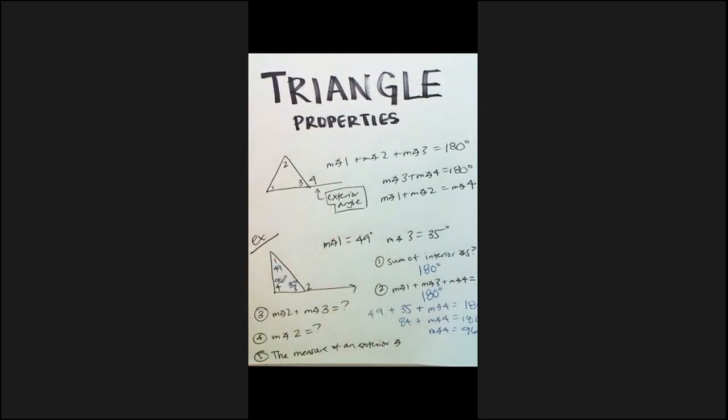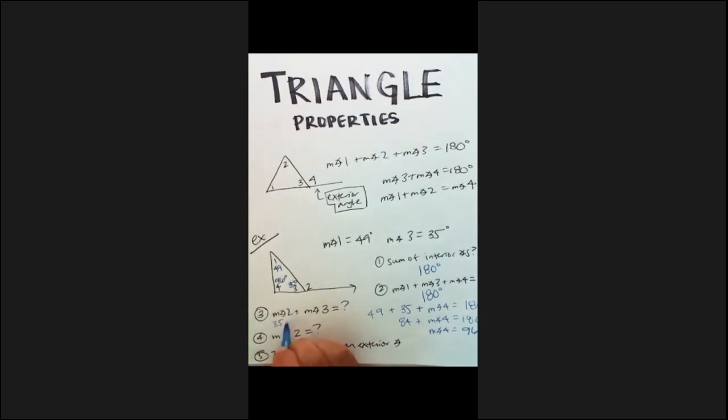So for this value, we have 96. Our next question says, what will be the degree measure of angle 2 plus the measure of angle 3? If we remember from the beginning, these are supplementary, so they will equal 180 degrees. So how are we going to solve for the measure of angle 2?